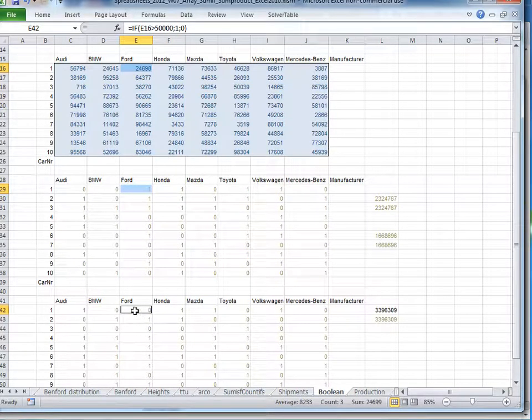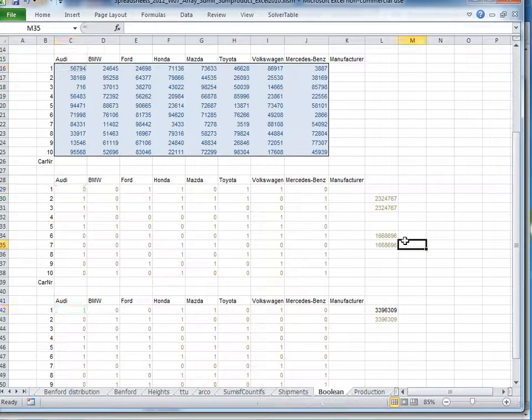And the other way around, Audi is older. It has traveled a lot, but because it's older, it won't be accounted for. So in case of Boolean tables, if we multiply together many things in many conditions, it means that only if all the conditions are met, if all the ones coincide, only then will this car's distance be accounted for.